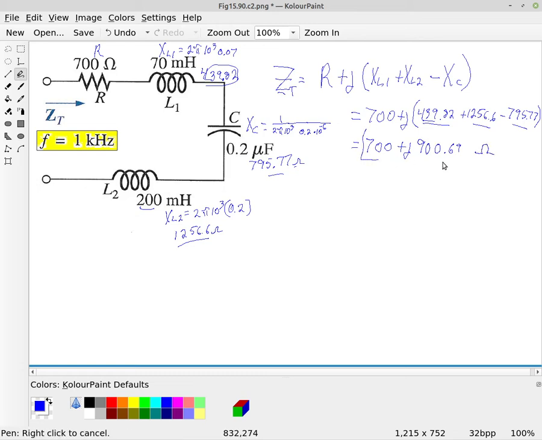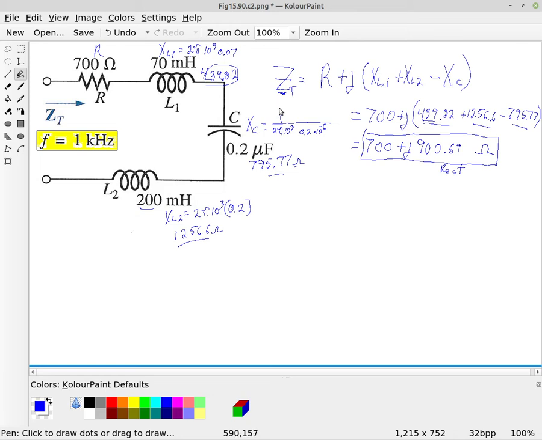So this is the rectangular form of the impedance for the circuit. Remember, Z is the total impedance to the flow of current.